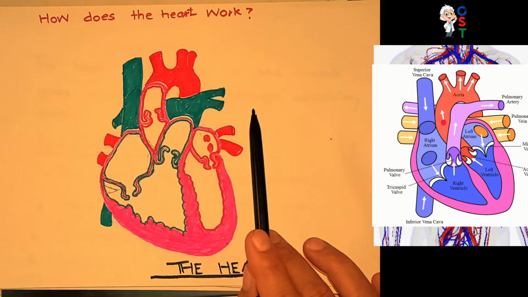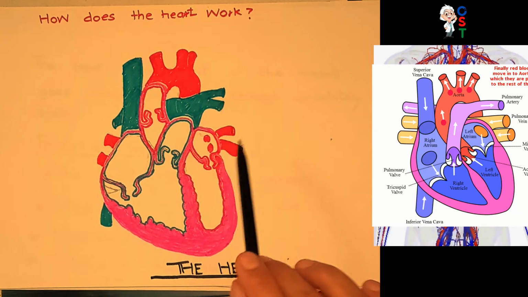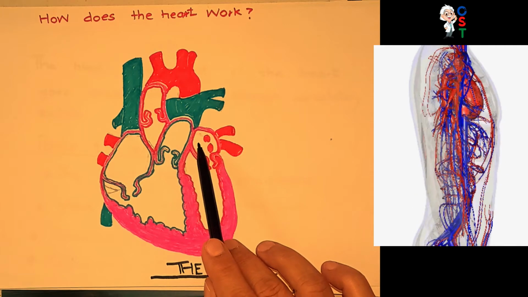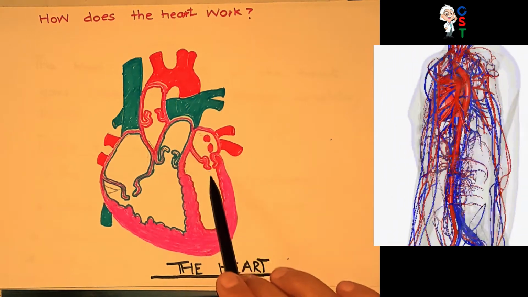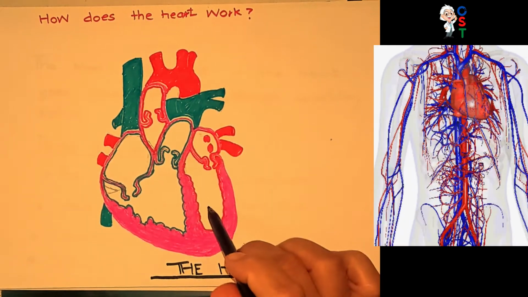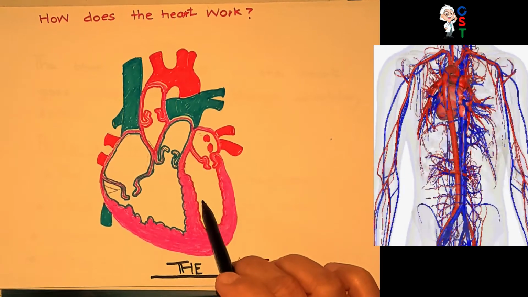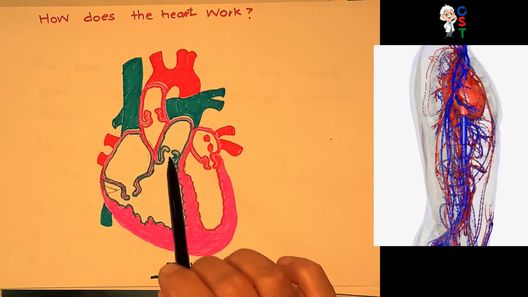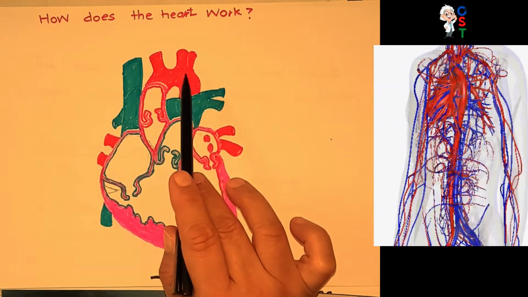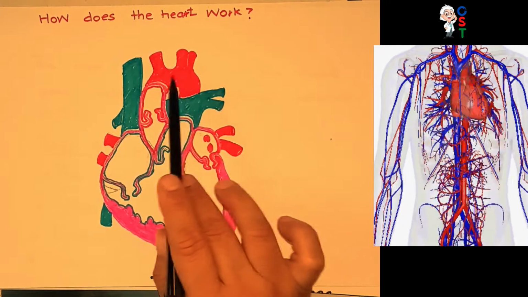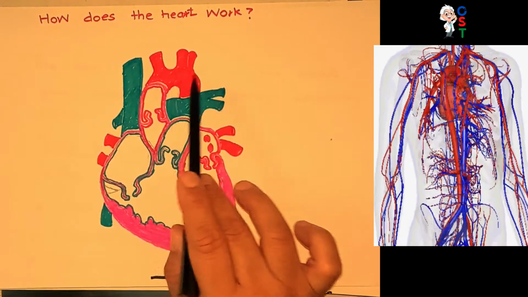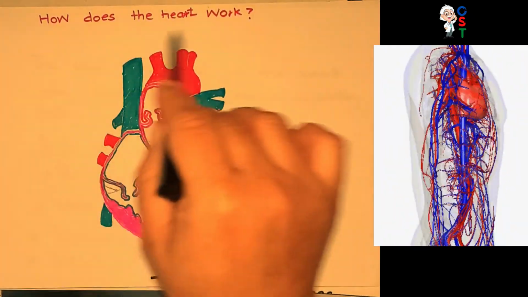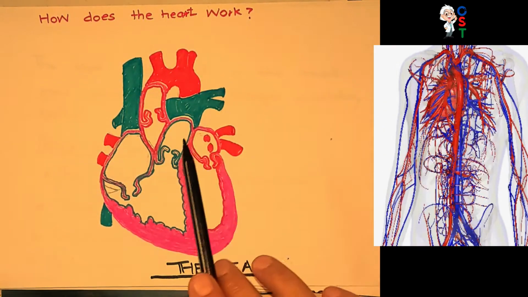Blood becomes oxygenated, and this oxygenated blood comes again into the left atrium, then the left atrium squeezes and it gets into the left ventricle, and from the left ventricle blood enters the aorta, and the aorta is the main artery that provides blood to other parts of the body. So this is the circulation.